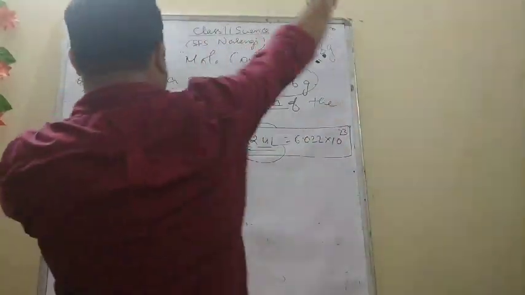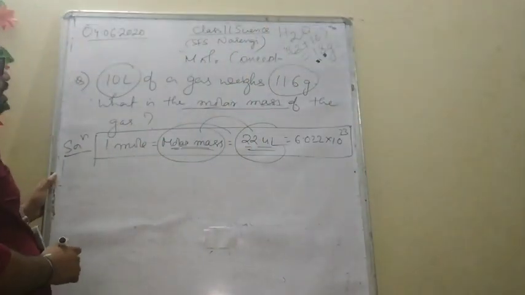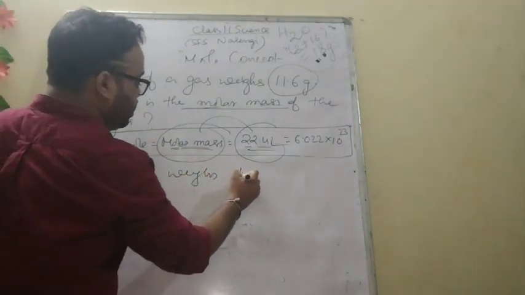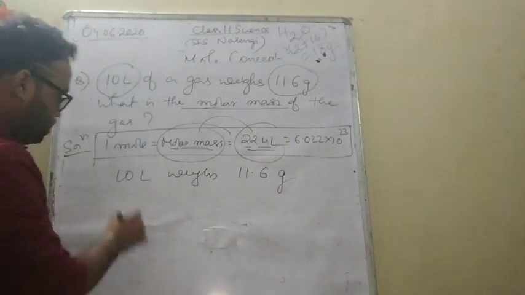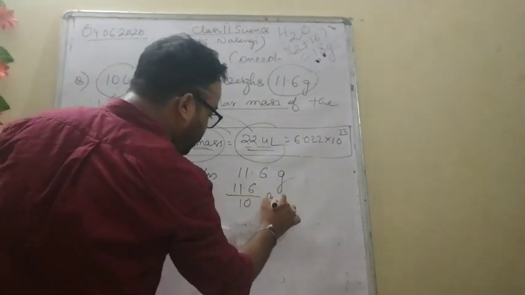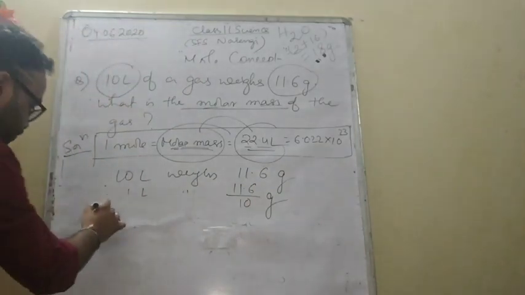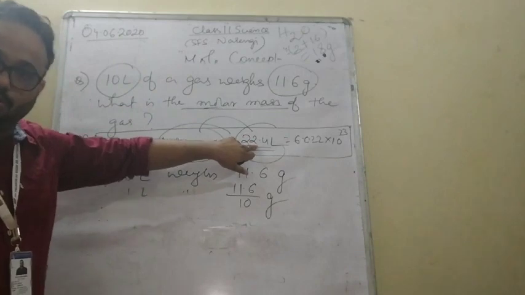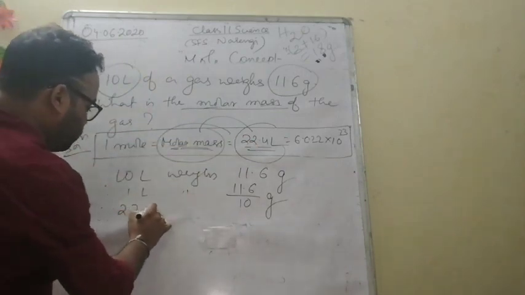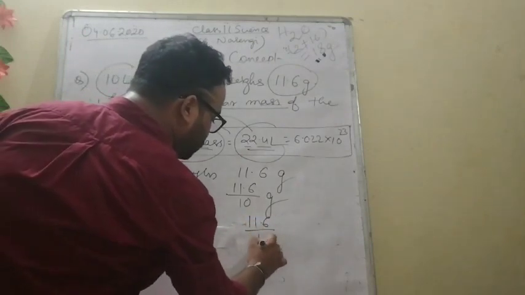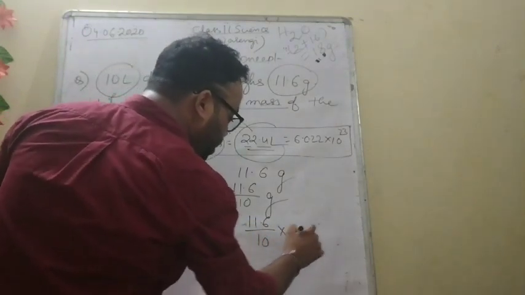So how can I do this? You see here. 10 liter weighs 11.6 gram. Therefore 1 liter weighs 11.6 by 10 gram. Therefore क्या निकालना है? मोलर मास ना. So I need how much liter? 22.4. So 22.4 liter weighs 11.6 by 10 into 22.4.